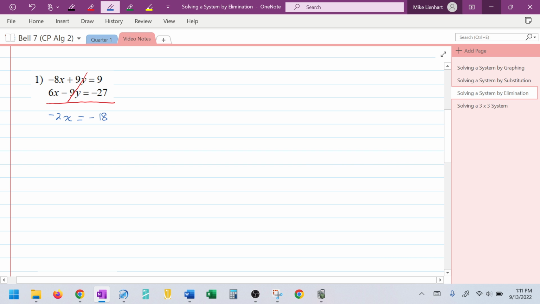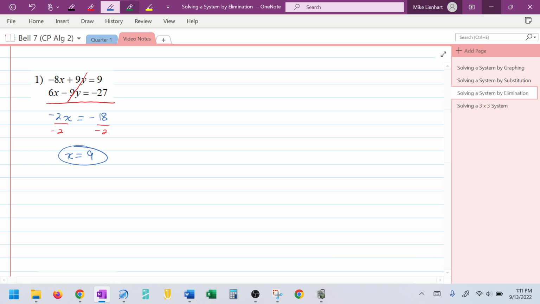All right. Now, I have to solve this for x. So if I solve for x, I divide by -2, and that leaves me with x is equal to 9. But now I need to go back and find y. Notice when I smashed, I marked off those y's, but you can still read them.